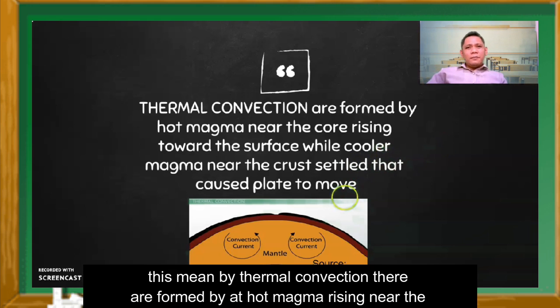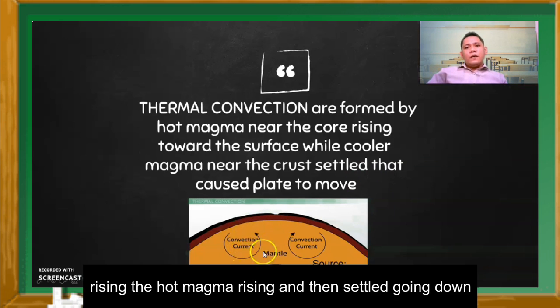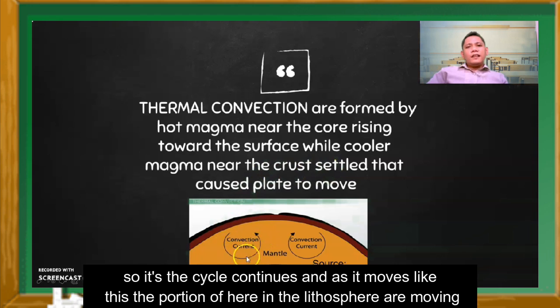What this means by thermal convection is that they are formed by hot magma rising near the core, rising toward the surface, while the cooler one settles. So the hot magma rises, and then settles, going down. The cycle continues, and as it moves like this, the portions of the lithosphere are moving.